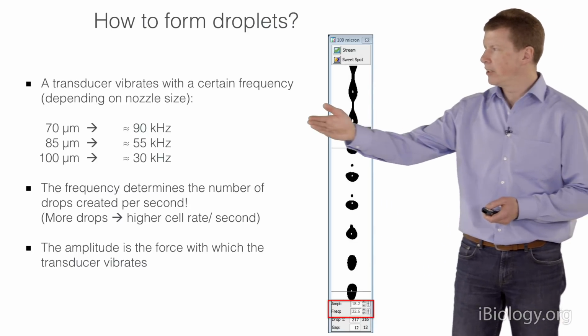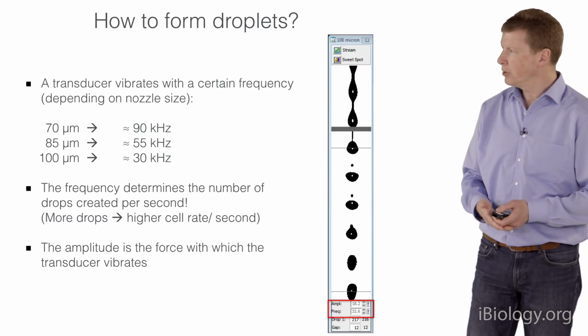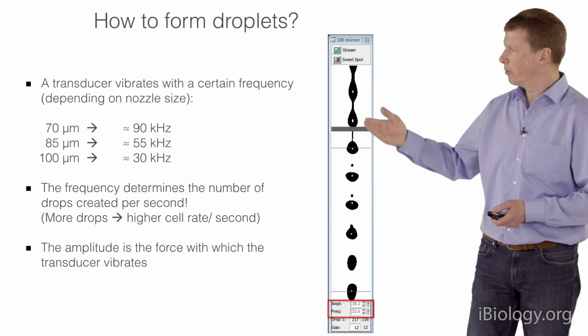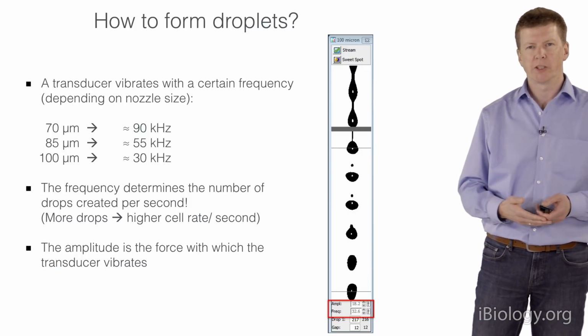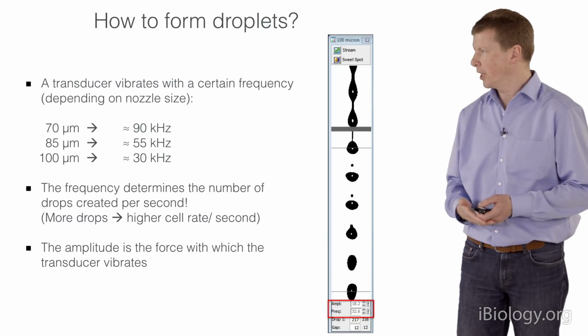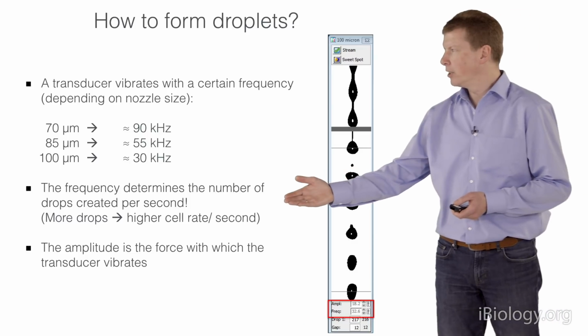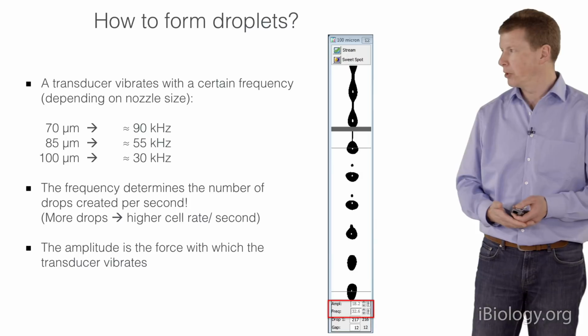And as indicated here on the left, we have different nozzle sizes running with different frequencies. That means for each nozzle, we are generating a specific number of drops per second, which finally allows us to adjust the speed of our sorting process.